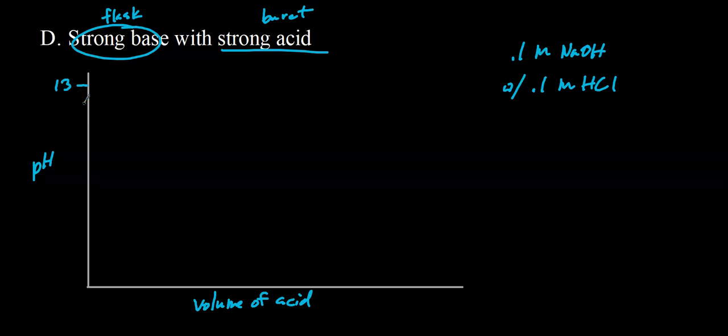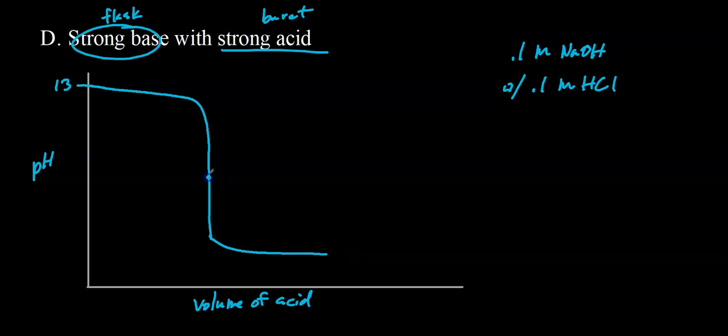Well, because we're adding acid, the pH is going to decrease slowly at first, and then we're going to see a sharp, drastic decrease in pH as we approach the equivalence point. And then as we continue to add more acid, the pH will level off.